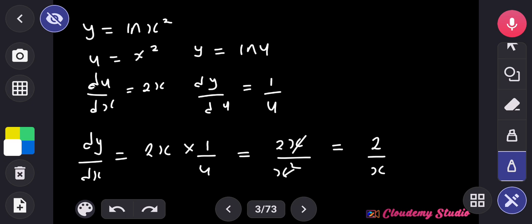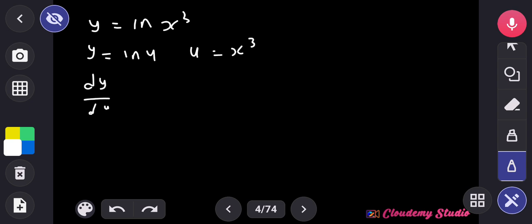So this is how to solve whenever we are having something like this. What if you're having something like y equals ln x to the power 3, ln x is power 3. We're just going to say that our y equals ln u because our u equals x to the power 3. Therefore, our dy over du is going to be 1 over u, and our du upon dx is going to be 3x squared, right?